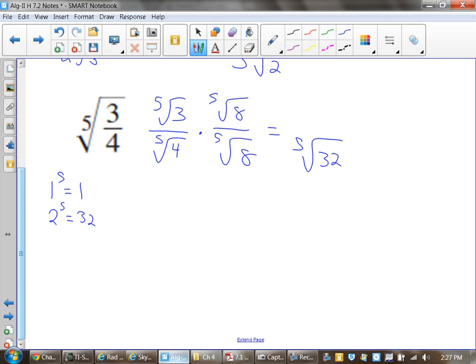What's 2 squared? If I wanted to turn that 2 squared into a 2 to the 5th, what would you have to multiply it by? Think about your properties of exponents.